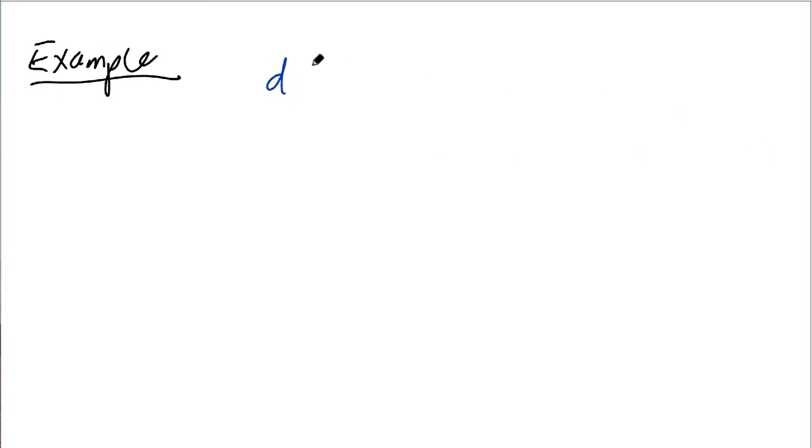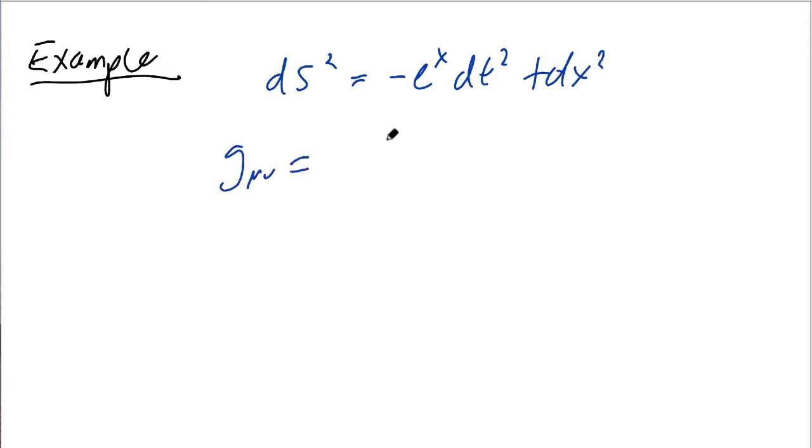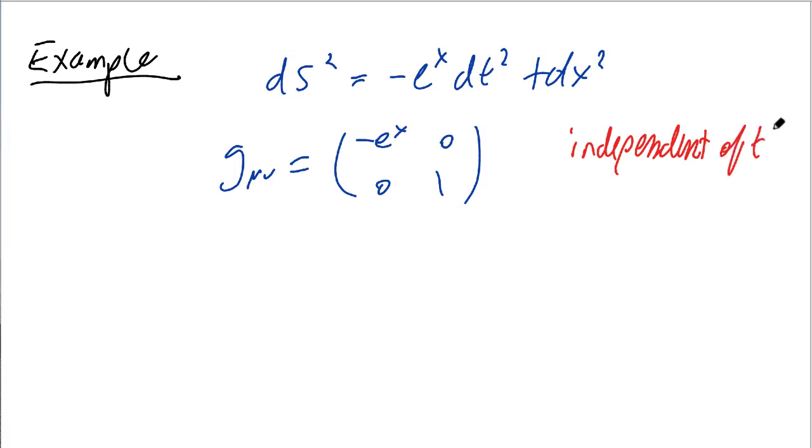So consider the line element minus e to the x dt squared plus dx squared. The metric components are minus e to the x, 0, 0, 1. So notice they're independent of the coordinate t. So we can conclude right away that d by dt is a Killing vector field.